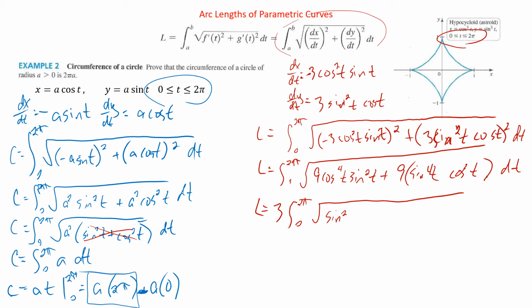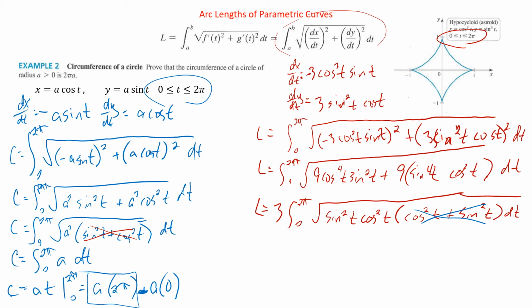We'll have sine squared t cosine squared t times what's left: a cosine squared t plus a sine squared t, dt. Oh, hey, look, Pythagorean identity again. Weird how that keeps coming up. So that's just one, it goes away.